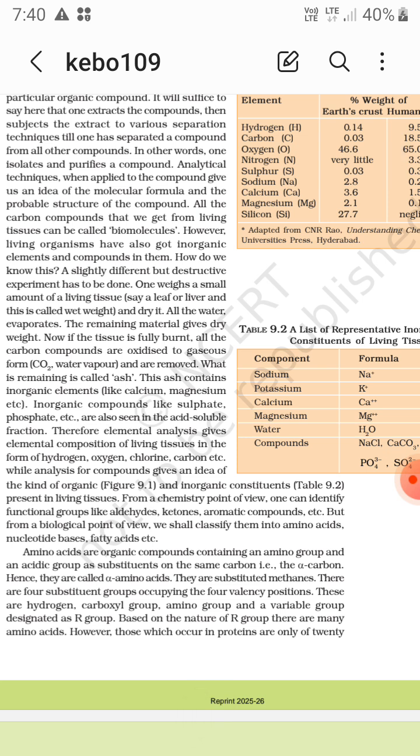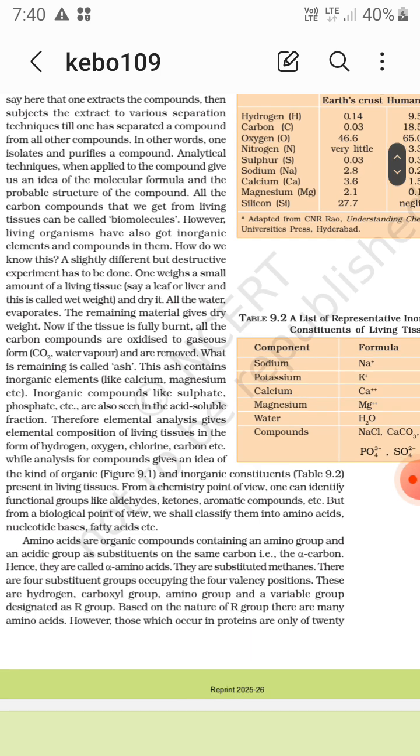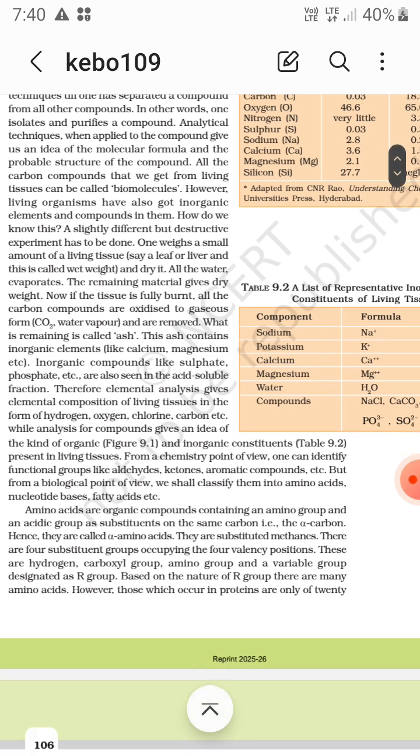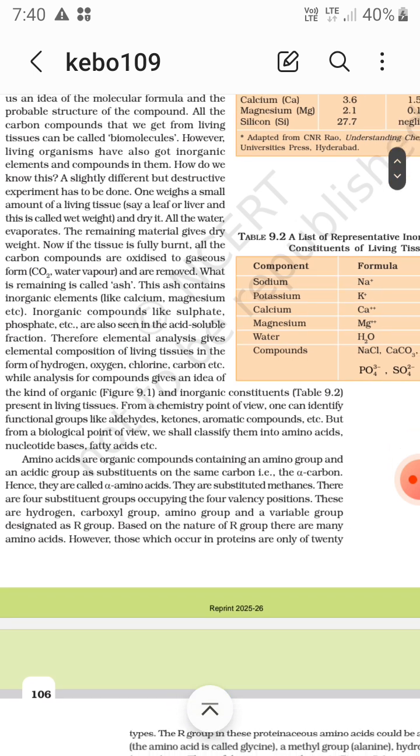Now, if the tissue is fully burned, all the carbon compounds are oxidized to gaseous form, CO2 and water vapor, and are removed. What remains is called the ash. This ash contains inorganic elements like calcium and magnesium. Inorganic compounds like sulfate and phosphate are also seen in the acid soluble fraction.